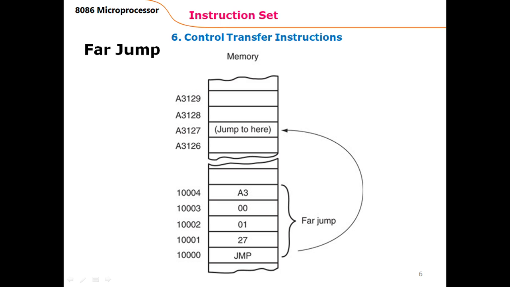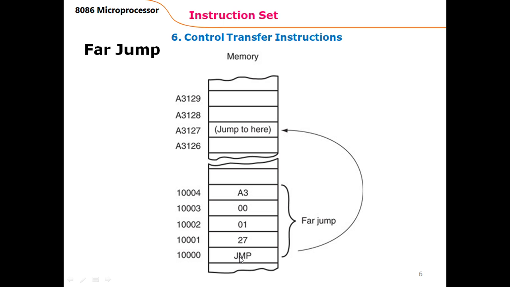This is a very simple example where the memory is shown with some addresses, and let's assume that the jump happens between these locations, where 1000 is the current location where the jump instruction is stored. The jump is a 5-byte instruction, so the first byte is the opcode.